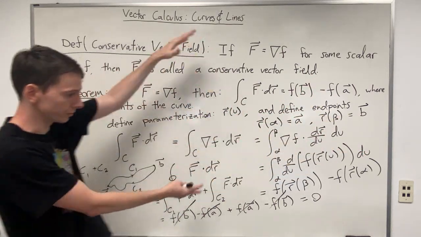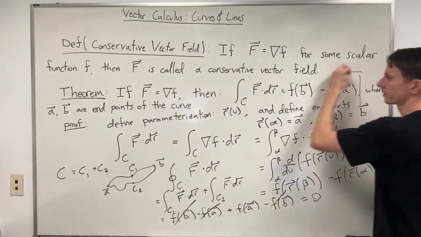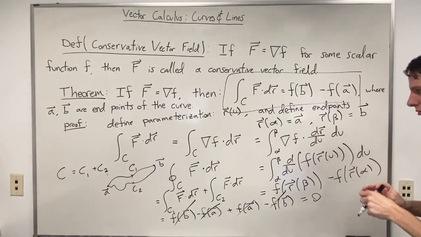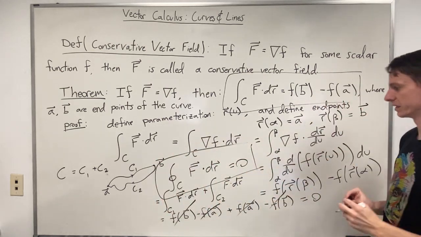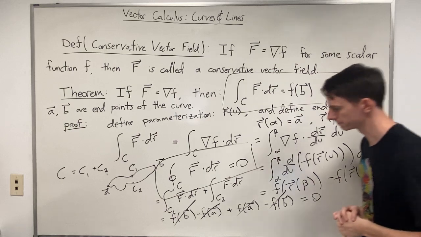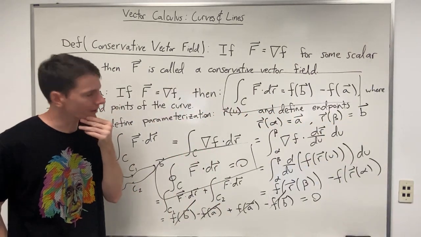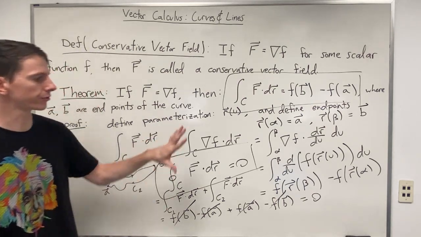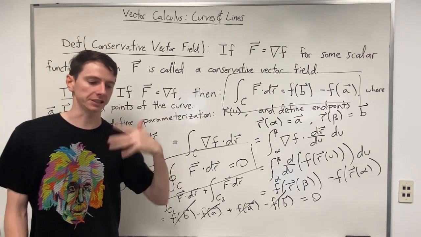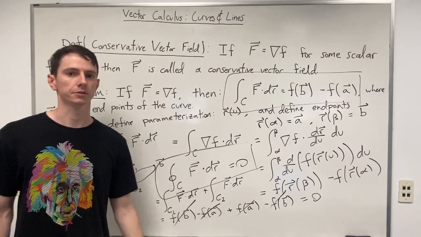Because if it is, then you can utilize some of the nice properties. First one being this right here. I know there's a lot on the board, but the first one being this, and the second one being this right here, right? So you want to be able to utilize those, but you've got to figure out if F is conservative or not. So that's what we're going to do next. We're going to go through a criteria that is easy to perform that determines whether or not a vector field is conservative.